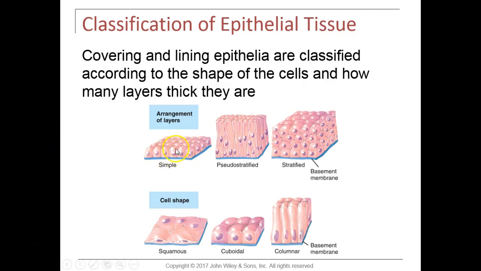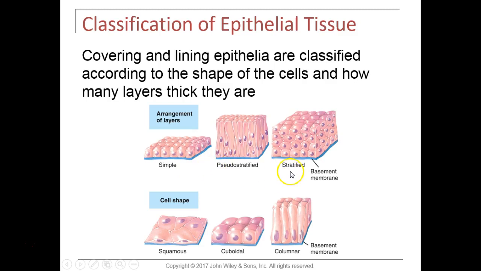So you see in this little simple picture, we have one layer of cells right here, and that's it. And these cells all touch the basement membrane. So when we have an epithelium in the body that is made up of only one layer or rows of cells, and all of the cells touch the basement membrane, it's called a simple epithelium. So simple will be in the name.